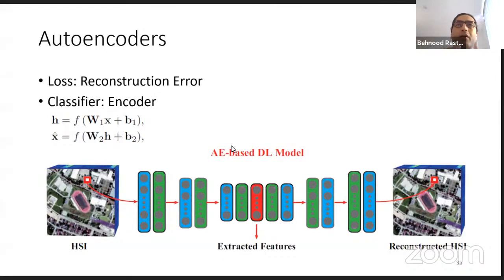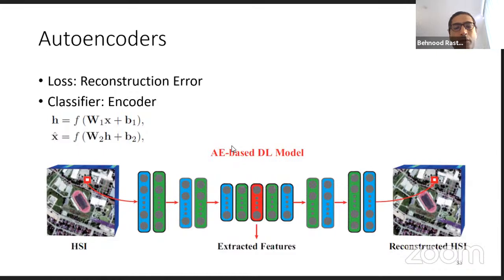Basically, the main advantage of deep learning techniques is the end-to-end process that they have. Through learning these features, they generate the labels for you.